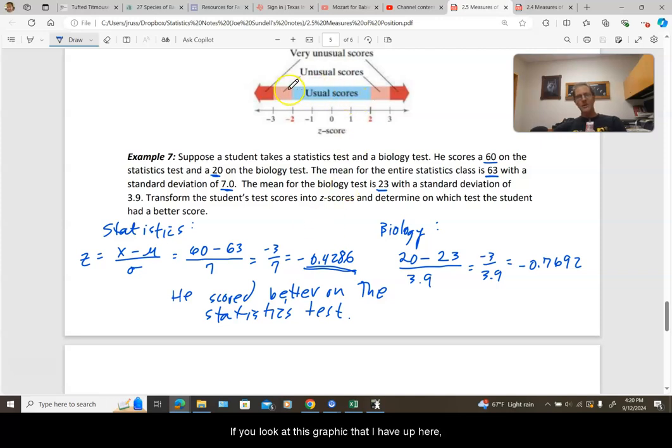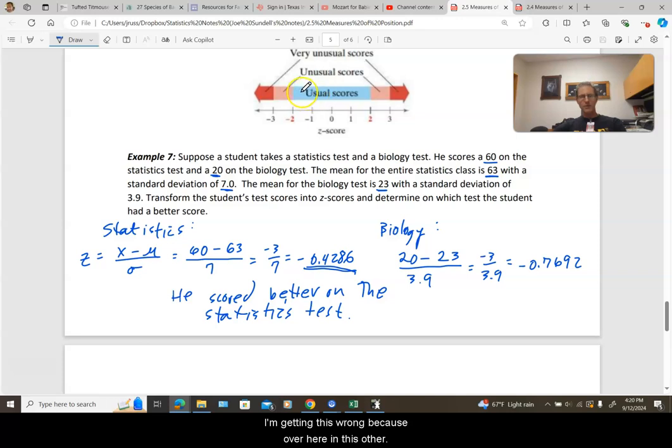If you look at this graphic that I have up here, anything within one standard deviation above the mean or below the mean is rendered a C. And then anything within 2 standard deviations, but outside of 1 standard deviation from the mean, would be given a grade of B. Actually, I'm getting this wrong.